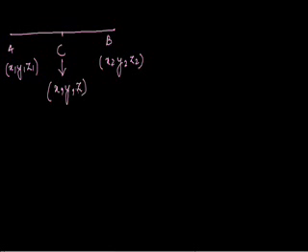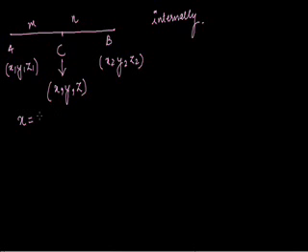We have to calculate the value of x, y and z. So C is dividing it in the m:n ratio internally, where A is x1, y1, z1, B is x2, y2, z2, and C is a point x, y, z, and C is dividing the line segment joining AB in the ratio m:n.